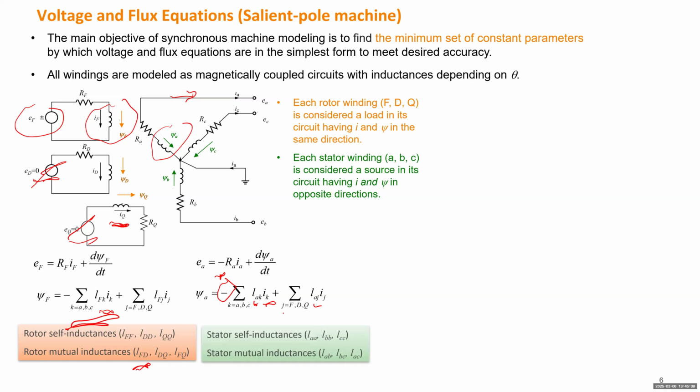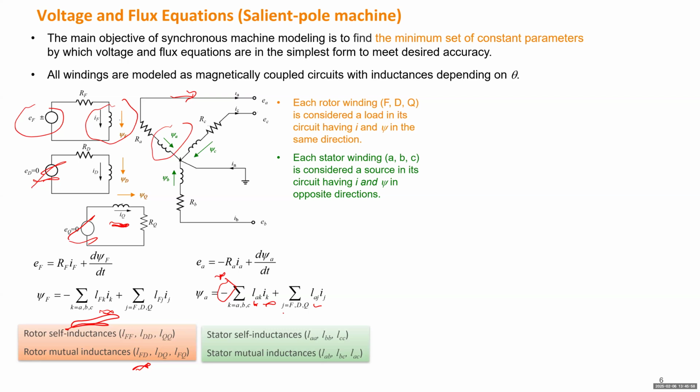All right, so for the self and mutual inductances of the stator, we also have a lot of L's. Each L has two subscripts, and they're both lowercase. The letters indicate whether they are self-inductances or mutual inductances.